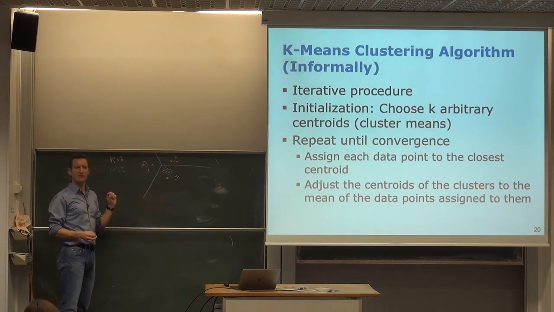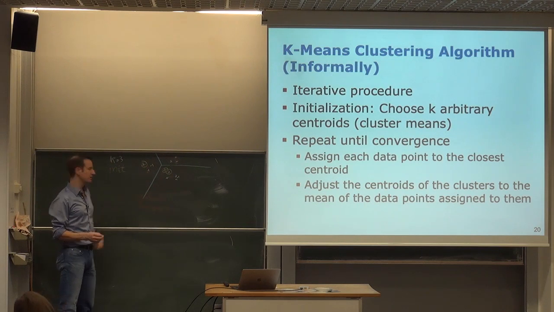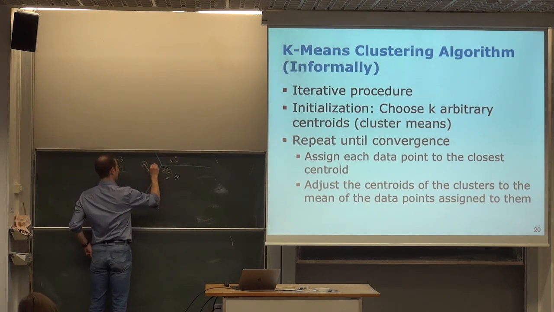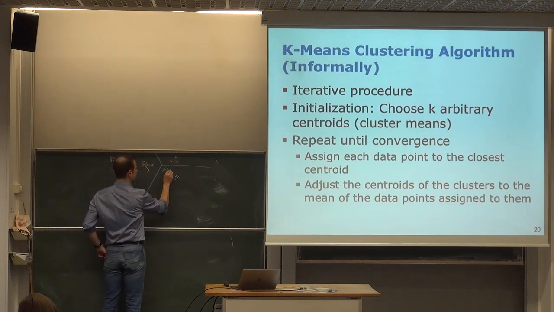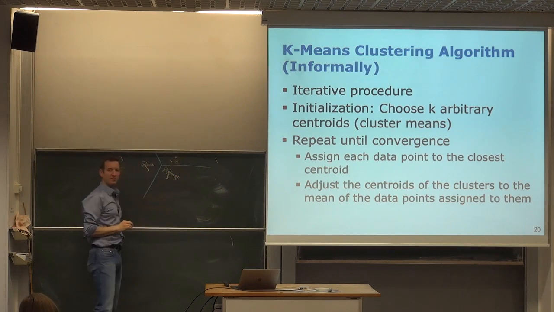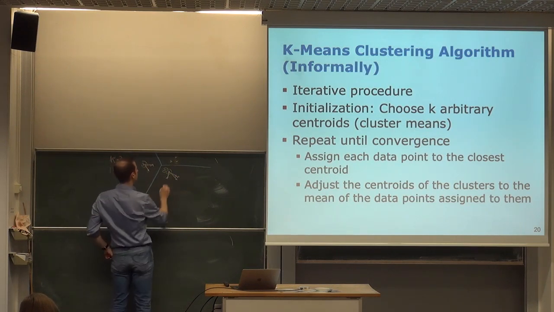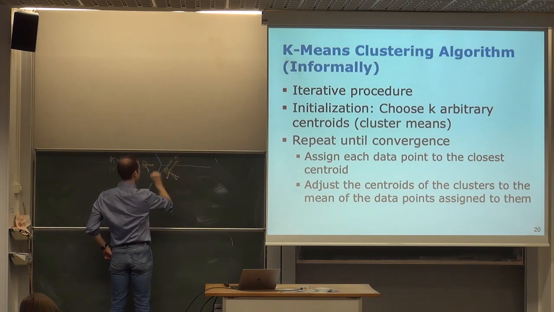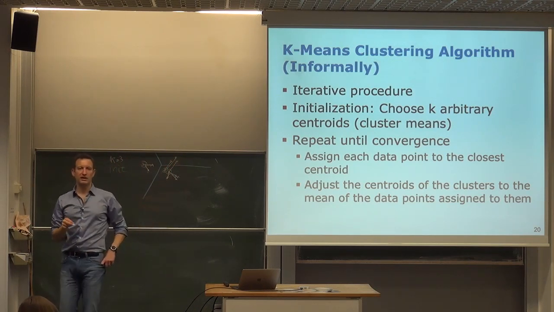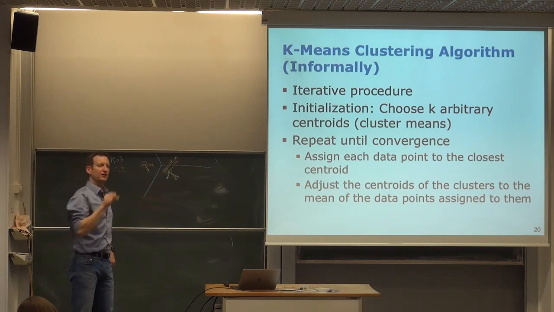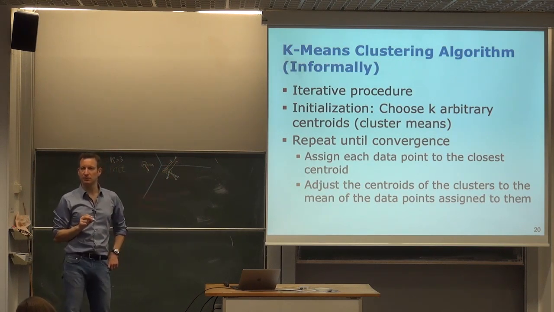Now we can assign every data point to the closest centroid. In this case, this would be an assignment, and this would be an assignment, and here it probably would look like this. So I'm making an assignment of which data point is assigned to which centroid.